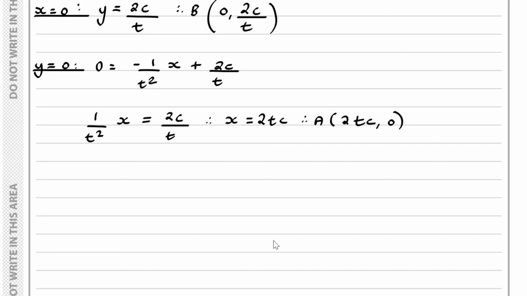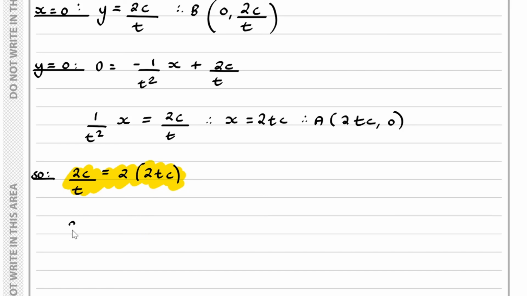So with that information, we can therefore say that 2c over t is equal to twice 2tc. And the reason for that is what we said before. Okay, and therefore with this we can find out the value of t.